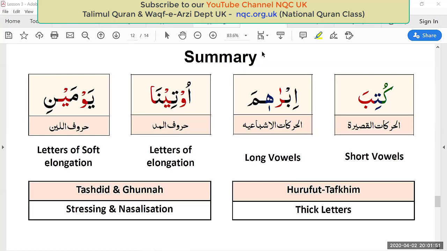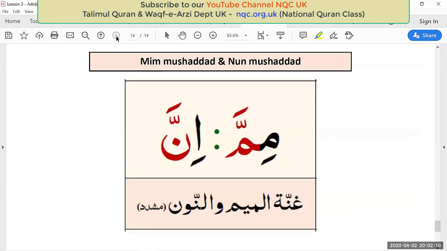L237. Okay, L237. Assalamu alaikum. Alaikum salam. Yes, okay. Are these meem ghunna and noon ghunna? You have to hold the ghunna sound for 2 seconds. Yes, that's right.